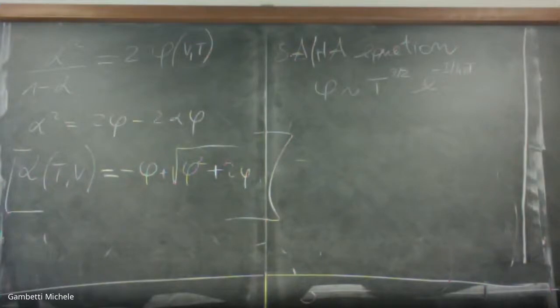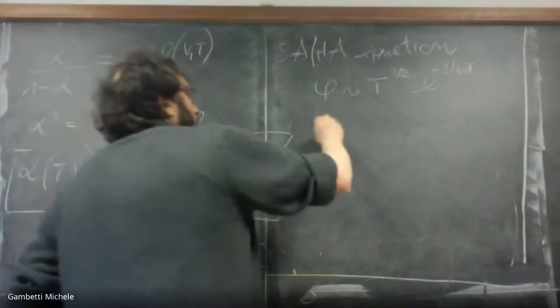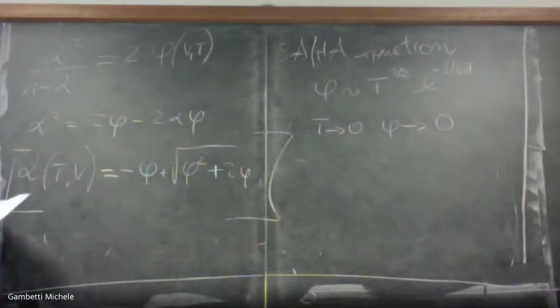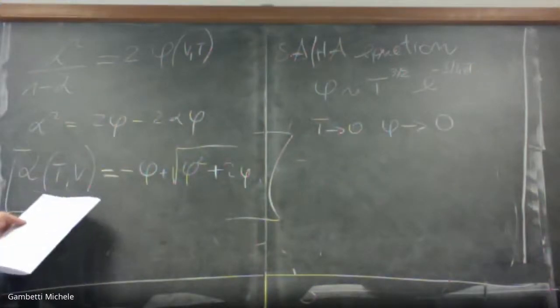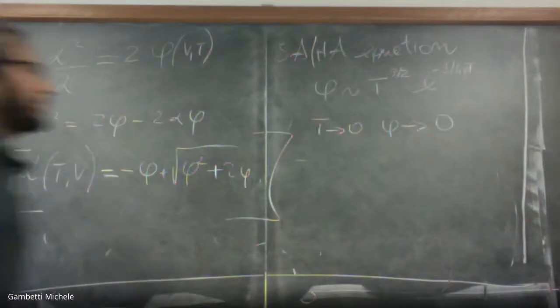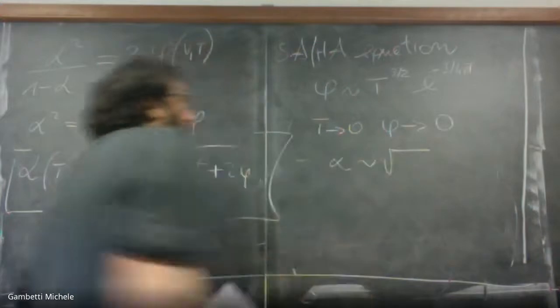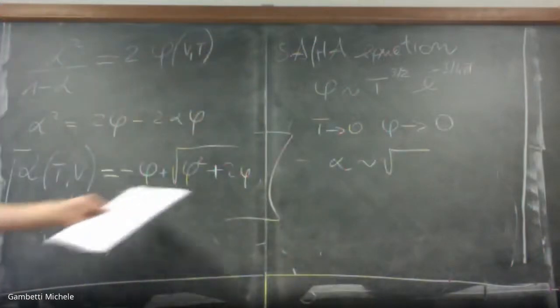So you see that when the temperature is very small, phi will go to 0, so for T going to 0, also phi will go to 0, and I can also infer what is the scaling of the degree of ionization, and alpha will scale as the square root of 2 phi.